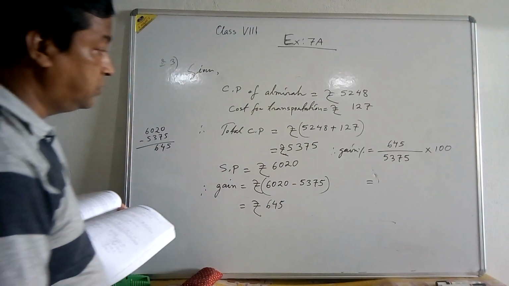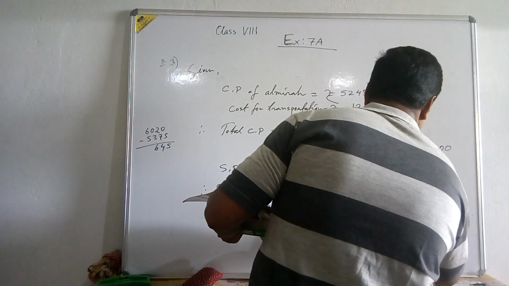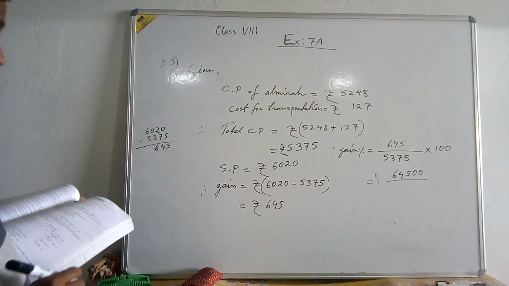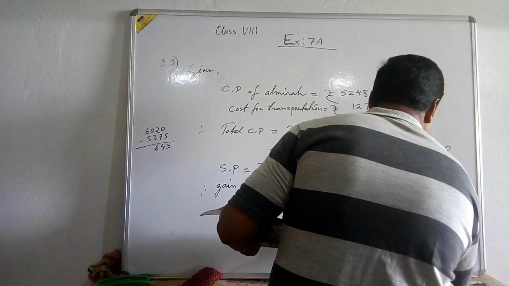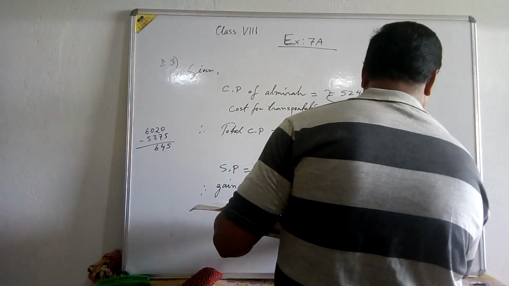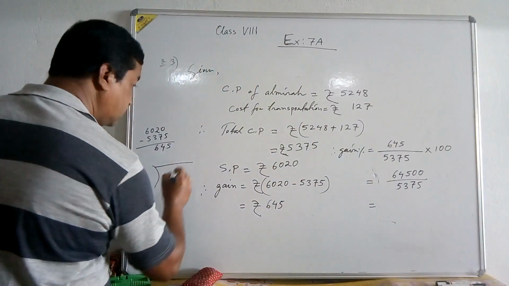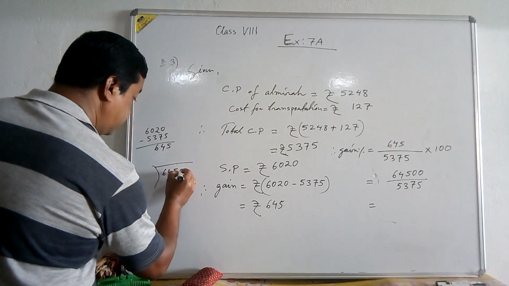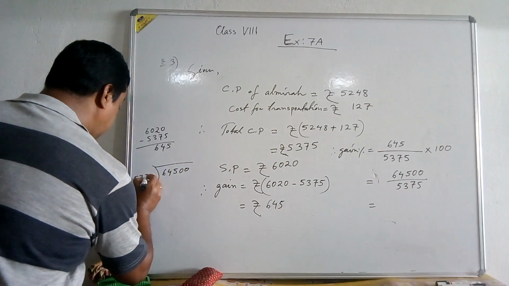Now if you just multiply, you get 64500, then by 5375. You can divide it, 64500 by 5375.